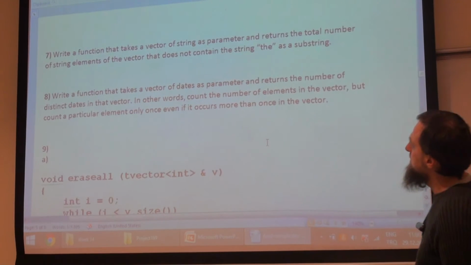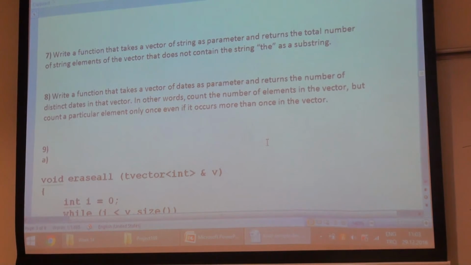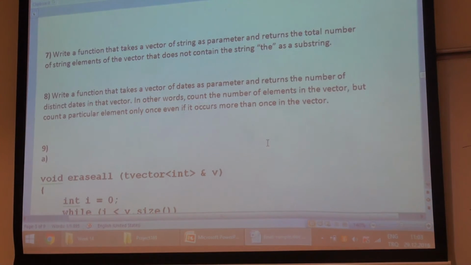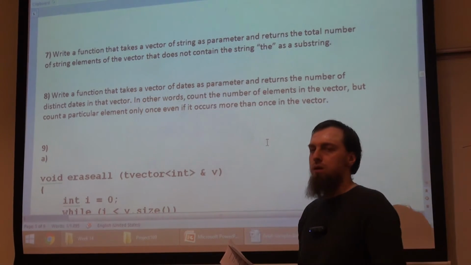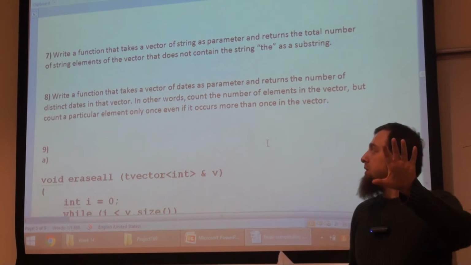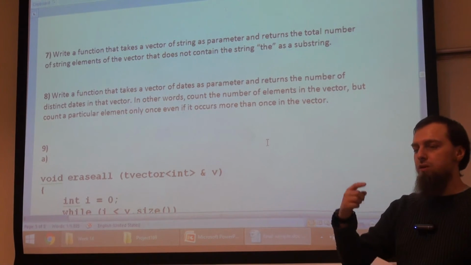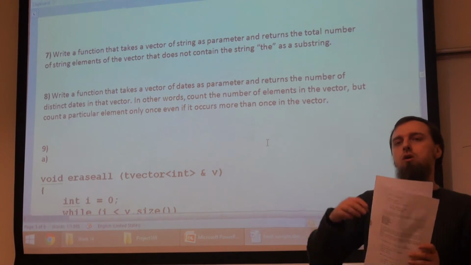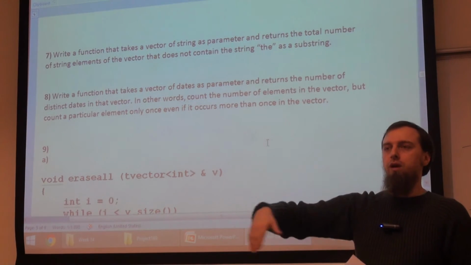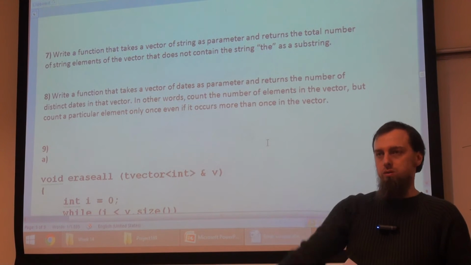So, what should you do here? We have a vector of dates as a parameter, and in that vector we should count the number of distinct dates. I mean, if a date is repeated twice or thrice or 4 times, 5 times, we should count it only once.